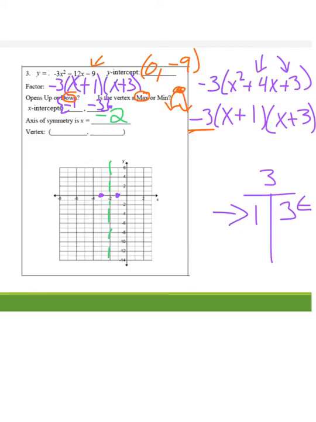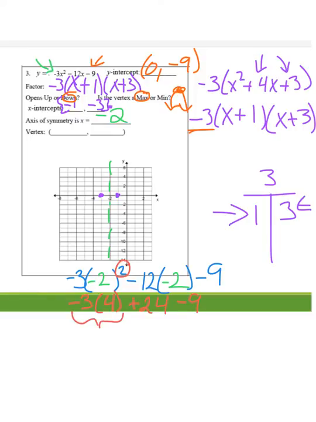And if I know what my axis of symmetry is, I can plug it in. I'm going to actually plug it into the original equation up top. Anywhere there's an x, it's now a -2. Alright, so -3 is just going to come straight down. -2 times -2, because it's squared, is going to give me a +4. And then -12 times a -2 gives me a +24. -9 comes down.